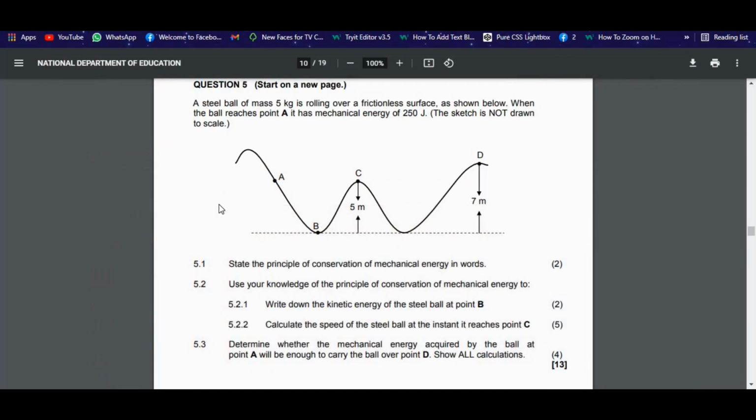5.2.1. Use your knowledge of the principle of conservation of mechanical energy to write down the kinetic energy of the steel ball at point B. At point A, which looks to be more or less in line with point C, that looks like about 5 meters off the ground, just looking at it, not drawn to scale of course. B is on the ground, on the dotted line. The dotted line represents the ground level, or surface level.